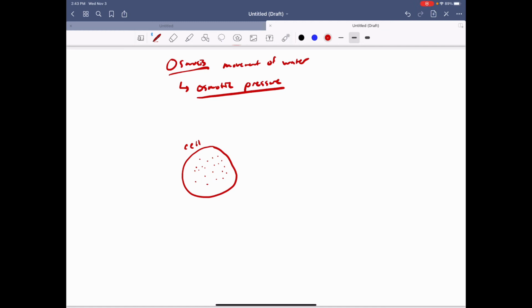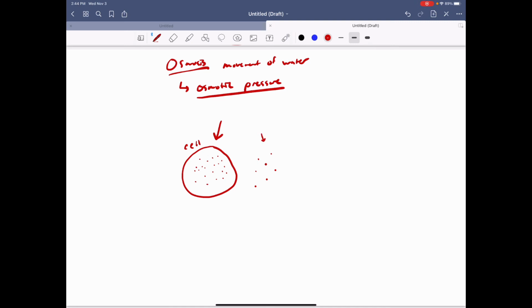Those are going to represent our solutes, our sodium, our potassium, okay? And then out here in the interstitial fluid, we won't even get to that. We'll just call it a space. There's solutes out here as well, okay? Now, you can clearly see that there is a lot more solutes inside this cell than there is out here, okay?